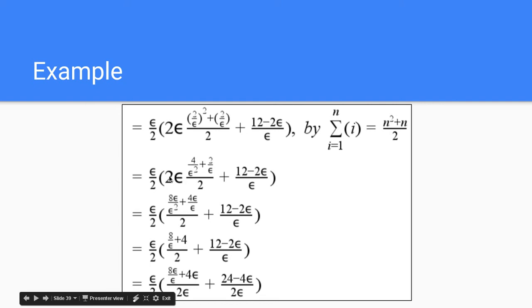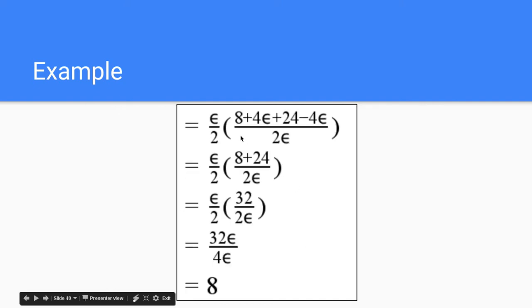Then here I've multiplied 2 epsilon into this fraction, and then I've simplified it again. Then here I've multiplied this fraction by epsilon and this one by 2 in order to make the denominators the same. And since now the denominators are the same, I just link the 2 fractions together.